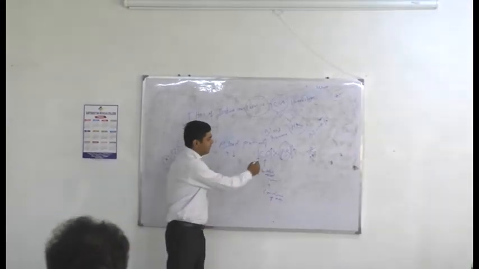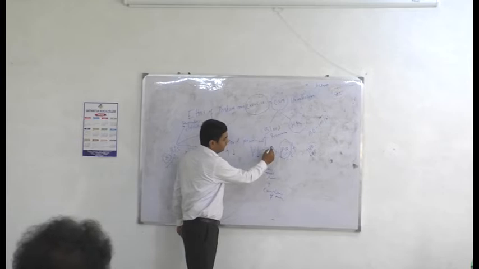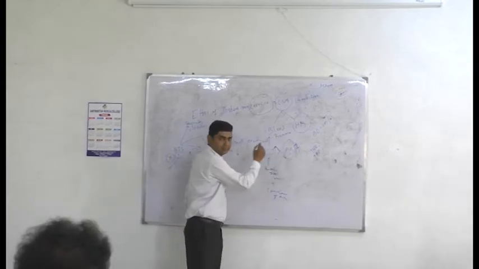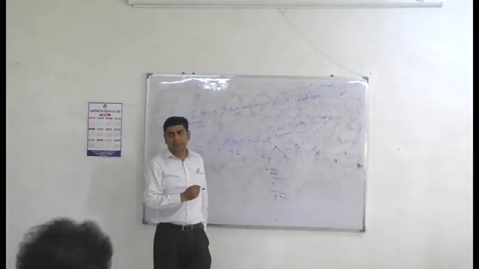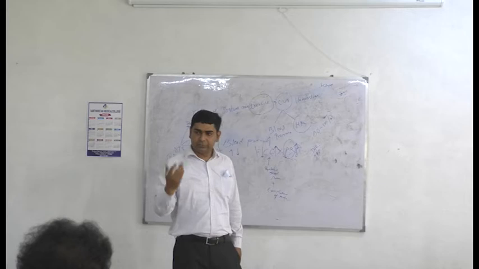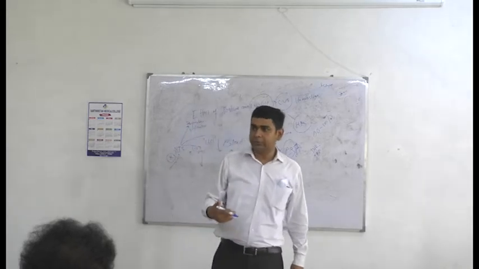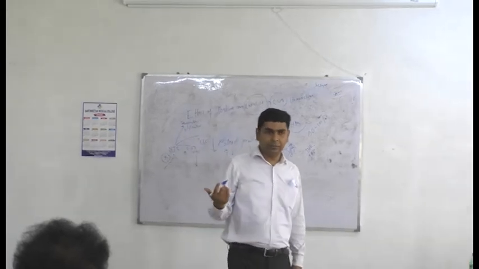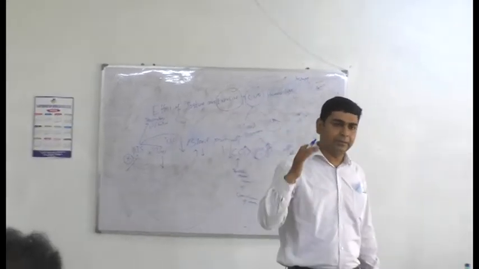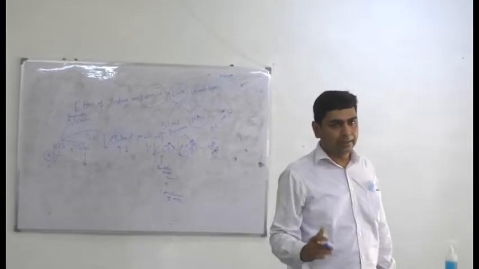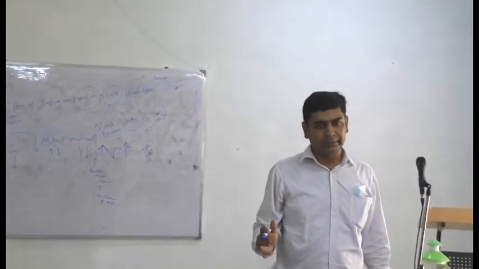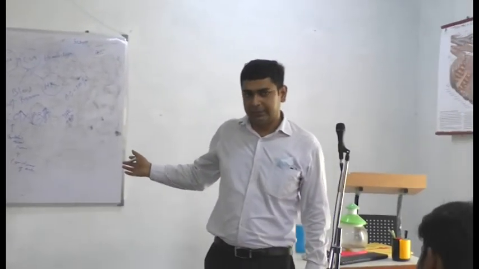So in isometric exercise, there is a rise of both systolic and diastolic blood pressure, because the cardiac output increases and the peripheral resistance also increases. Both blood pressures are rising in isometric exercise.